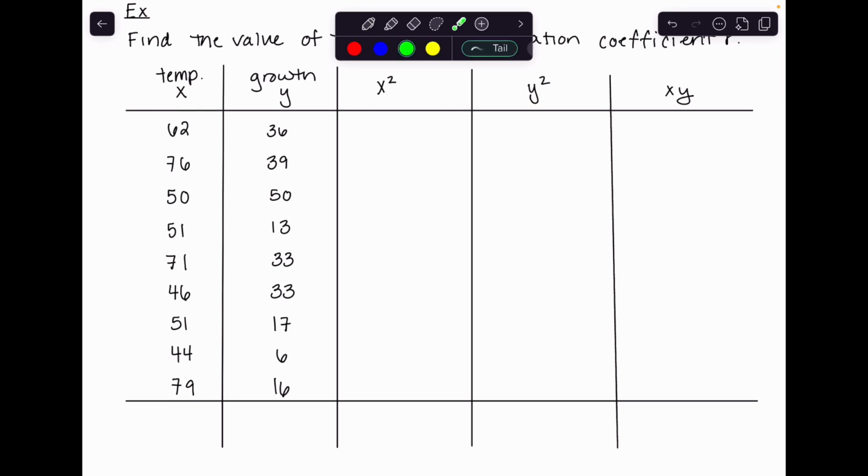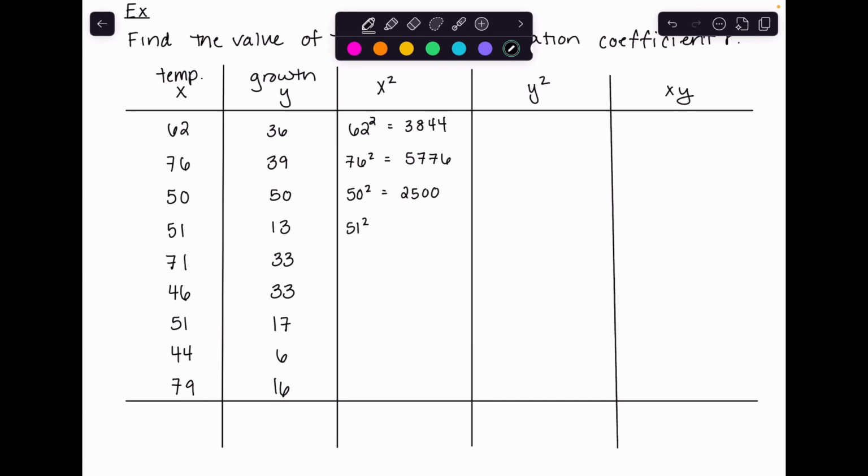So what I'm going to do in this column is square each of these data values. So I'm going to trust you can do this part in a calculator. If you take 62 and square it, you should get 3,844. Next x value is 76 squared. That should give you 5,776. Next up is 50 squared, and that will give you 2,500.